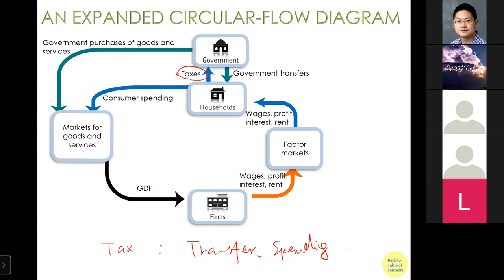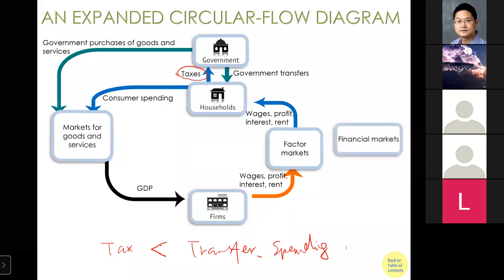If your tax revenue is less than transfer plus spending, meaning you are running a deficit. Okay, so that just means you don't have enough money to pay for your spending. And that's what you can do.